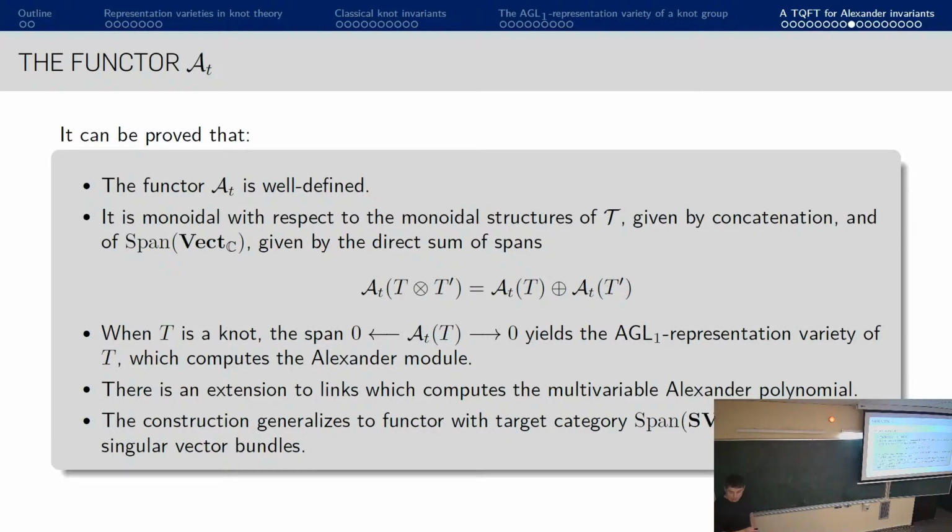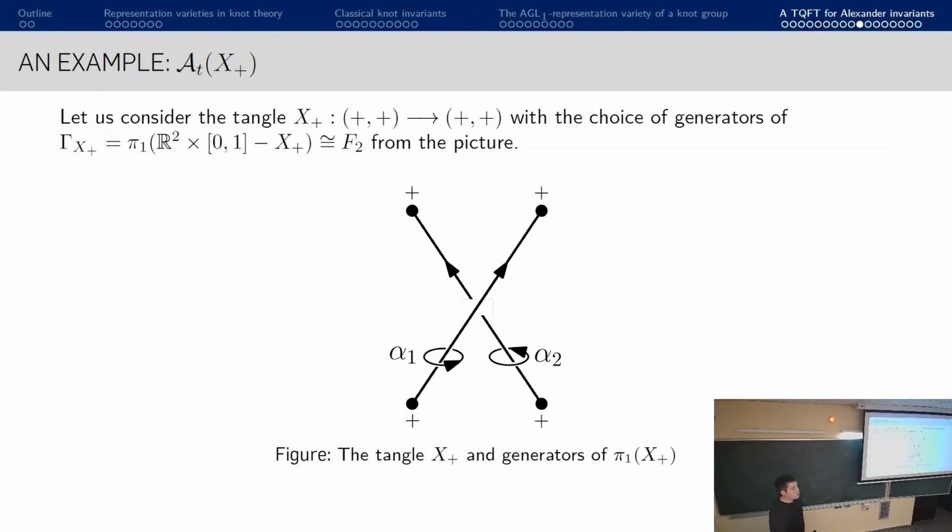And then to end the talk, I wanted to show you an example of how things look in the span vector category. This is one of the generators of the tangle category. That's a positive crossing. So this is a two-tangle. We've got 2 points on the source and 2 points on the target. And then the fundamental group of R2 minus those 2 points is a free group with 2 generators.